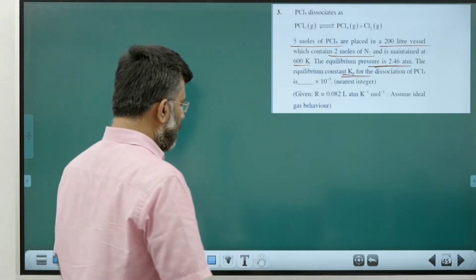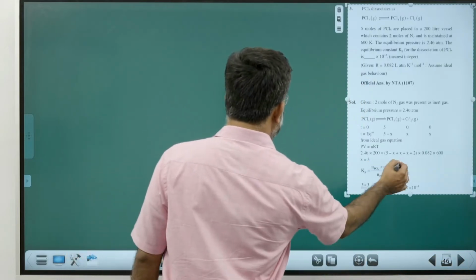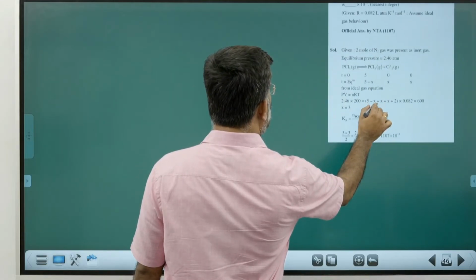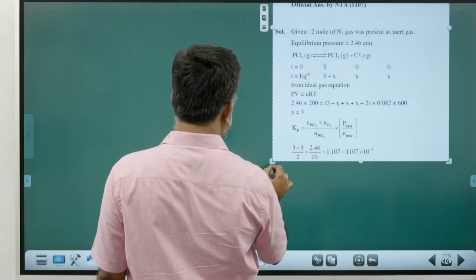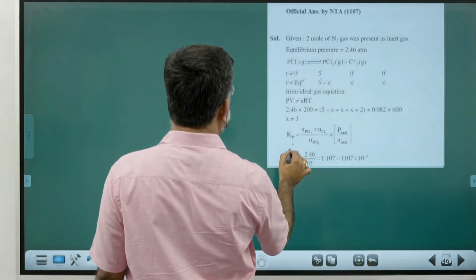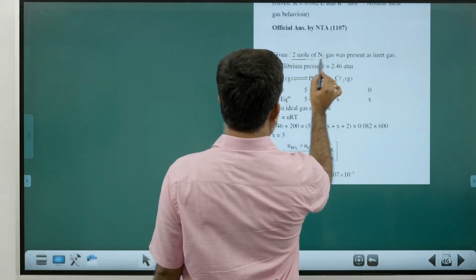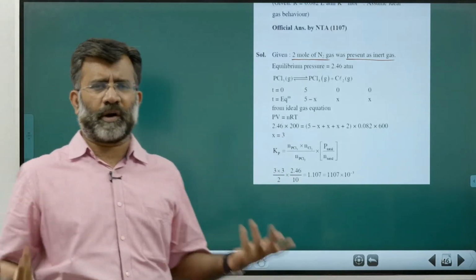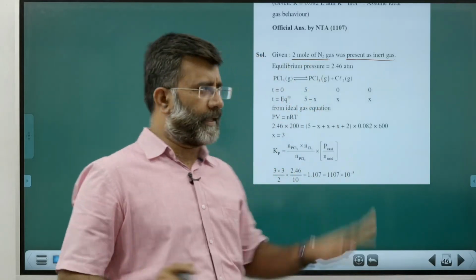So let's see how it can be solved. Let's say 2 moles of N2 gas are present as inert gas. N2 is not a part of this reaction.